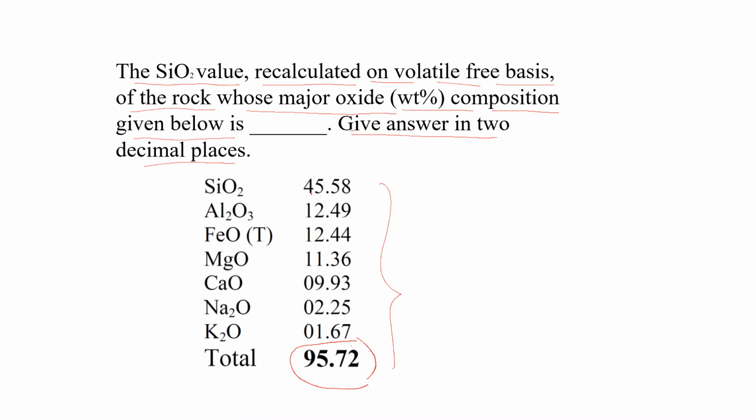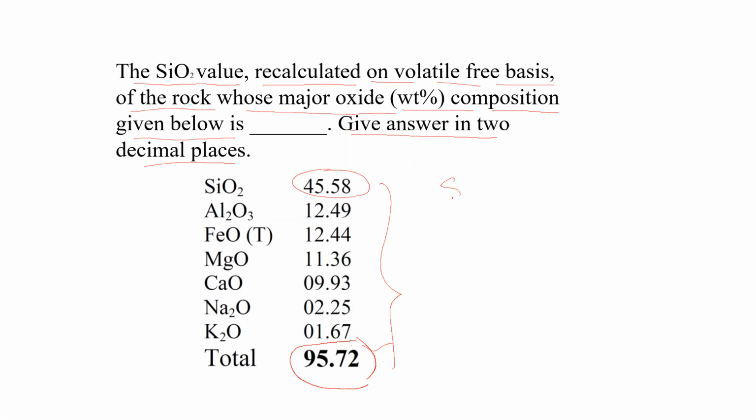Look here, the SiO2 value recalculated on the volatile free basis of the rock, and the composition is given below, and you will have to calculate the SiO2 value. So the weight percentage of SiO2 is given here, and the whole is this one.